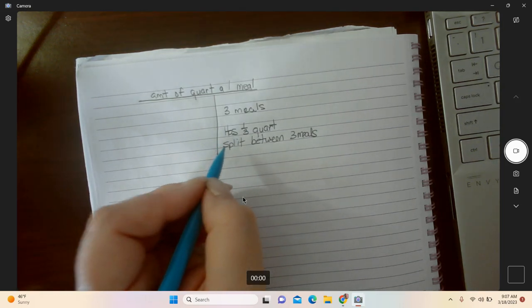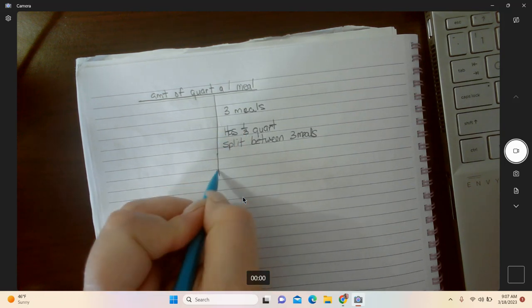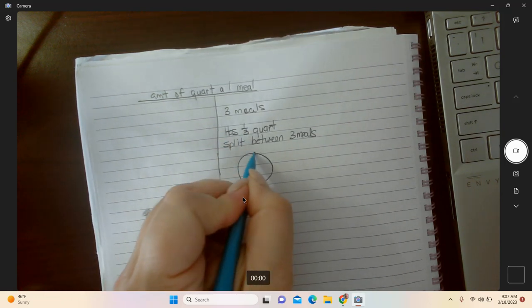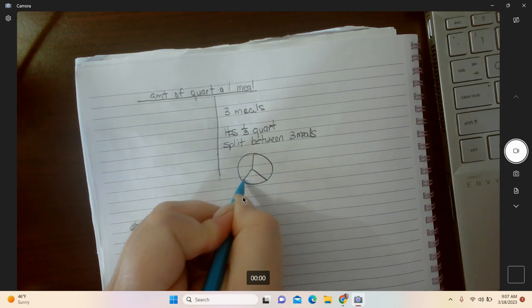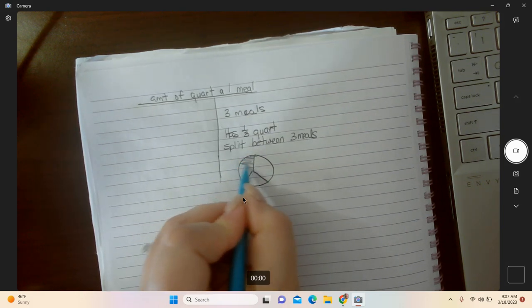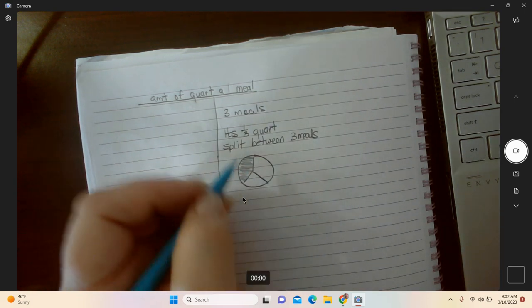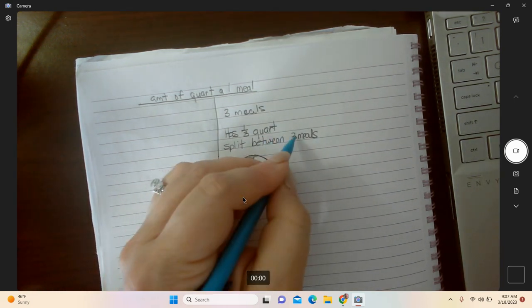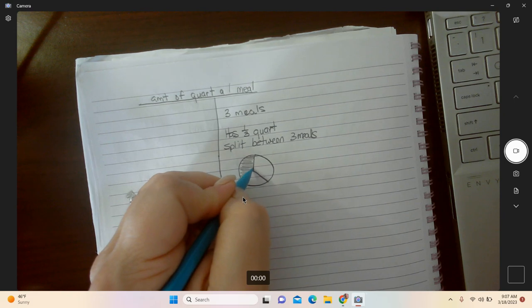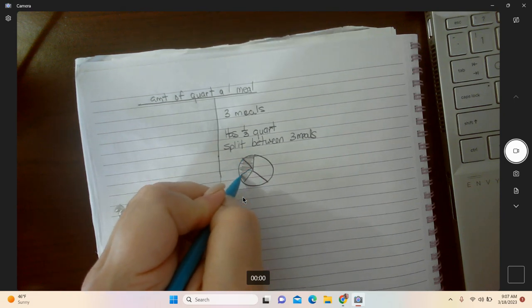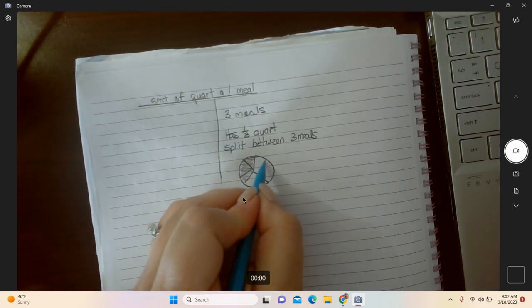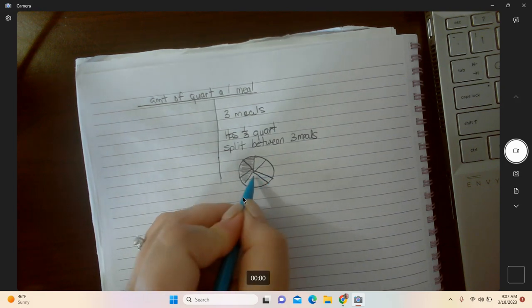All right, it says she has 1/3 quart, so let's model 1/3, right? 1/3 quart, she has it right there. See that? Right there, that's 1/3. And then she's gonna split that up with 3 meals, so 2 lines, right? 1 line, 2 lines. And now remember, whenever we do that, we have to do it to all the sections.